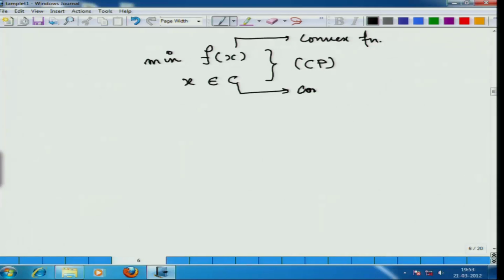Now, let me tell you a very simple thing: the set C in most applications is represented as a set of all inequalities usually.